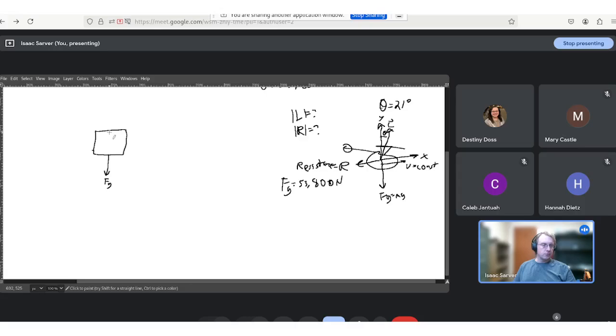What other forces do I have here? It's right there. R and L, right? Those two right there. So R is pointing to my left, right? Alright. R is going that way. What direction is L pointing?